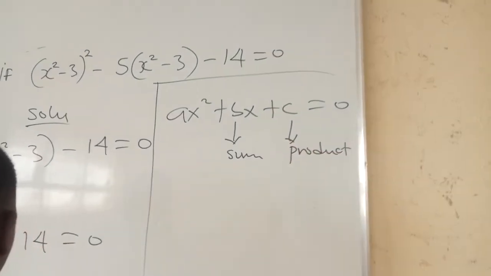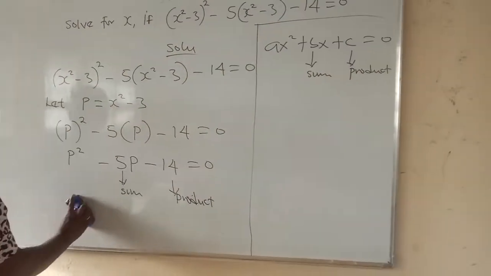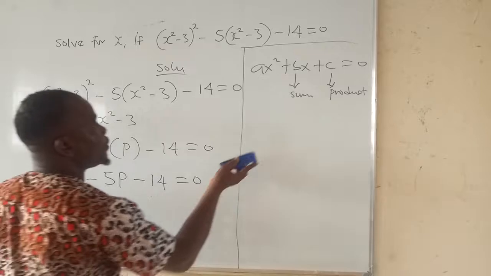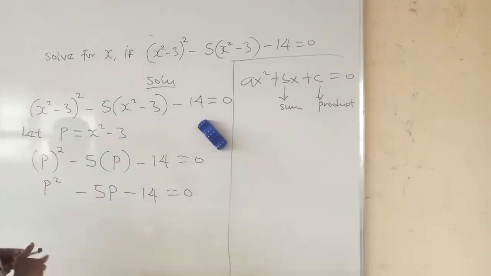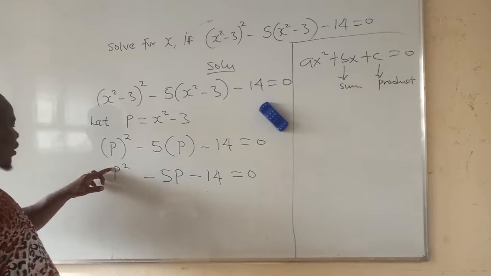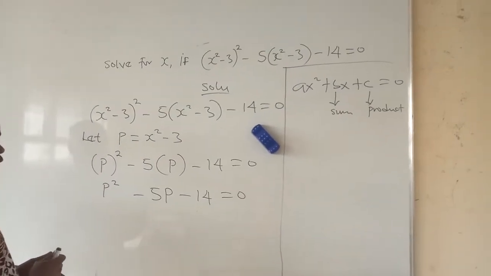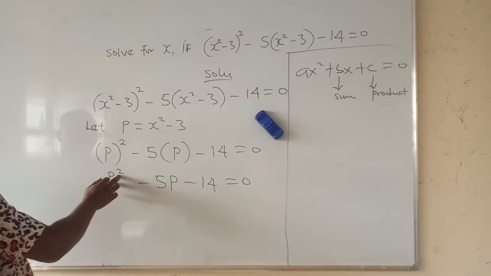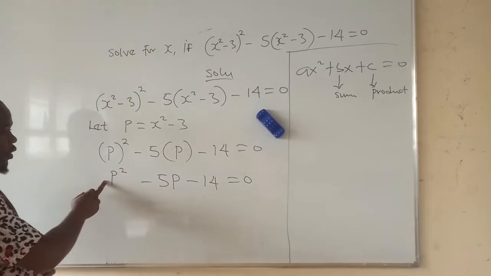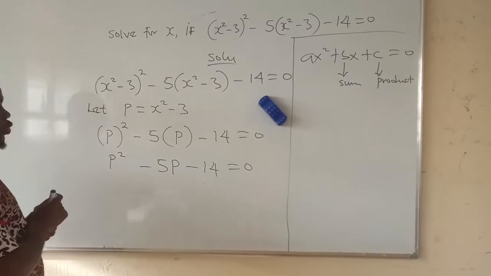Are you following? So if you agree with me, what you will first consider, if I were you, is the coefficient of p squared. Since we have p here, the coefficient of p squared is an invisible one, true or false? So that means that we don't have any issue.